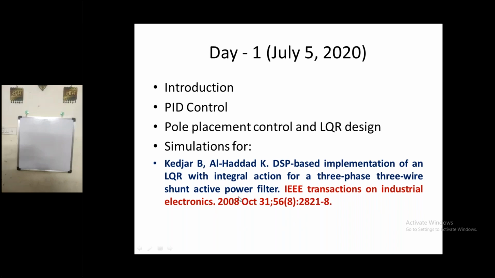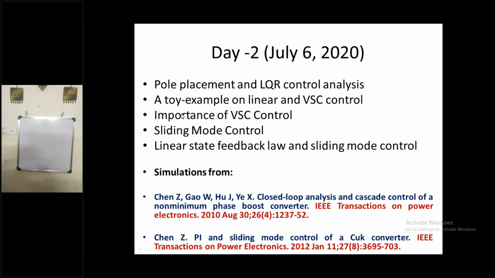So you see, slowly we moved. It was a 2008 paper, and slowly we went up to a 2020 paper as well. On day two, we did pole placement and LQR analysis, and a toy example on linear and variable structure control.